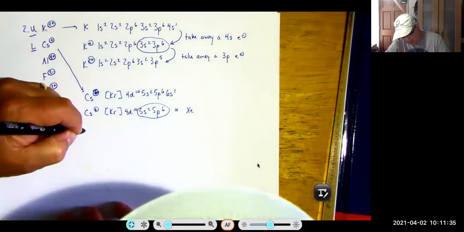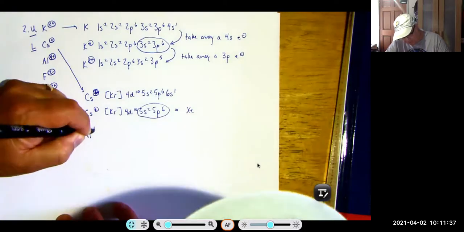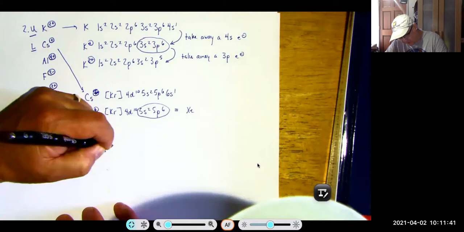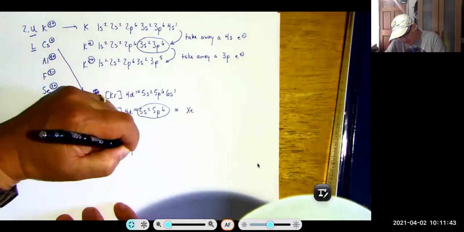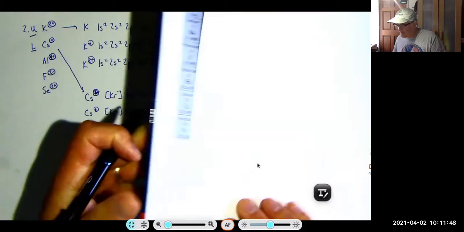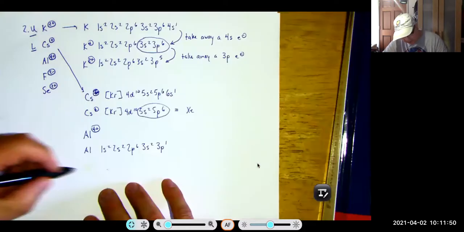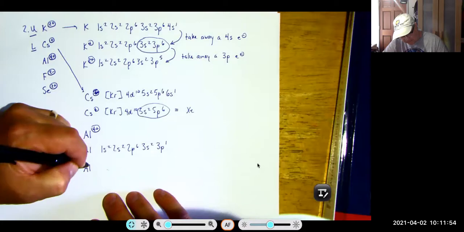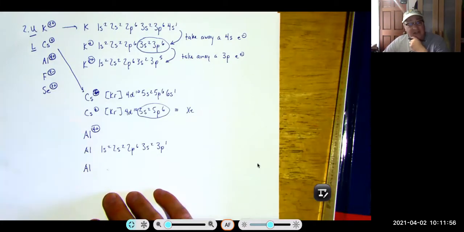How about aluminum +4? Well, aluminum is 1s2, 2s2, 2p6, 3s2, and 3p1 is what I want to say. Okay, so let's go straight away to aluminum. It's probably better that we do these one at a time.